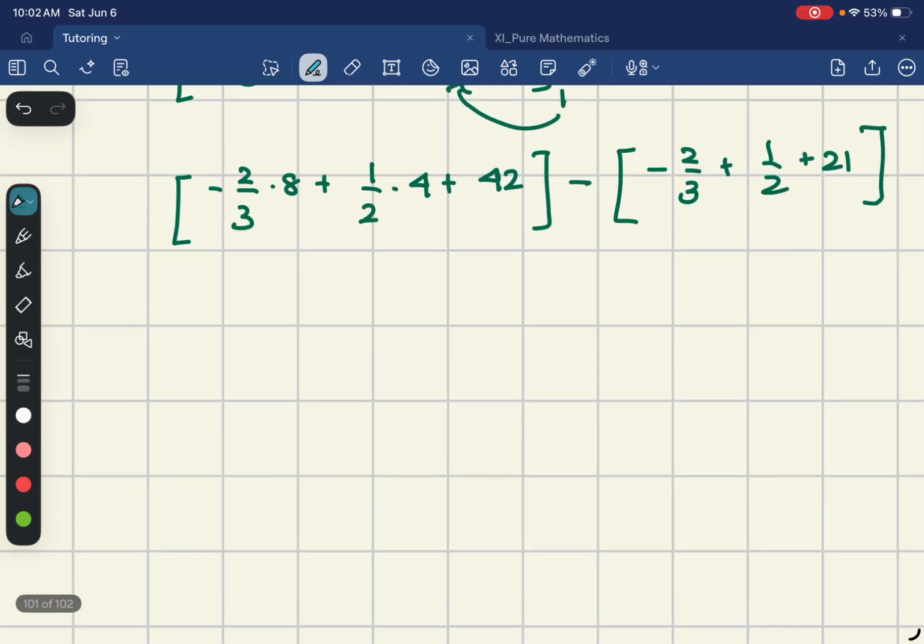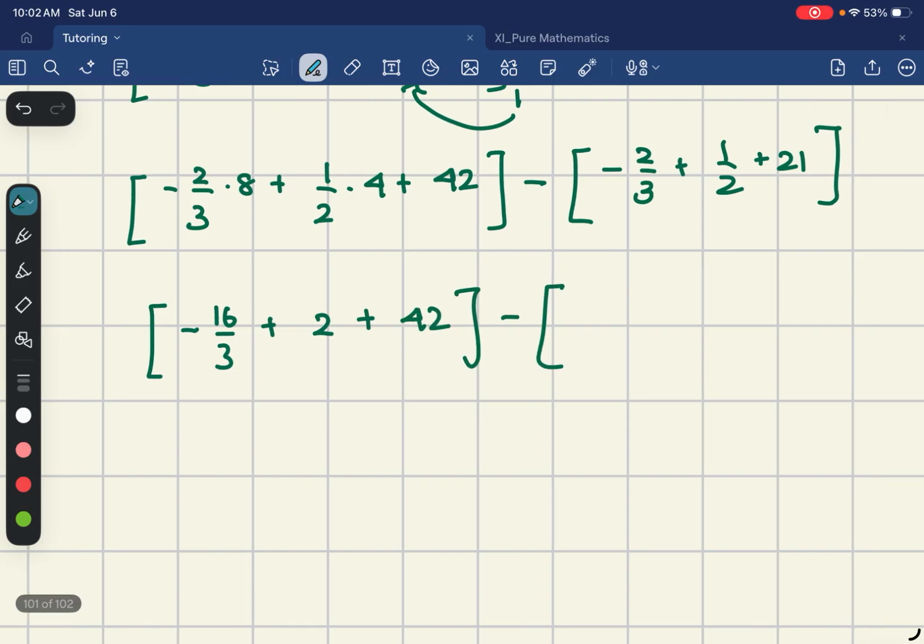All right, so simplify this. You are going to get negative 16 over 3 plus 4 over 2 is just 2, plus 42, minus, here you are going to get negative 2 over 3 plus 1 over 2.